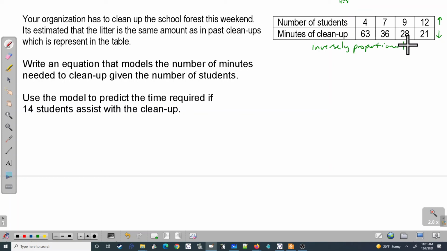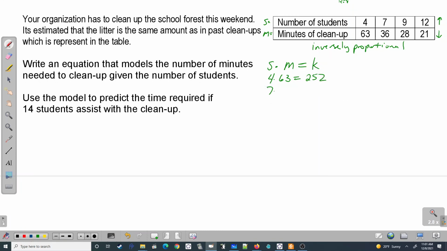So I guess what I'm trying to say is, if we think of S as the number of students, and M represents the minutes to clean up, then if I took S and multiplied it by M, I would hopefully be getting some form of a constant, like student minutes required. Let's take a look. When I went 4 times 63, I got 252.